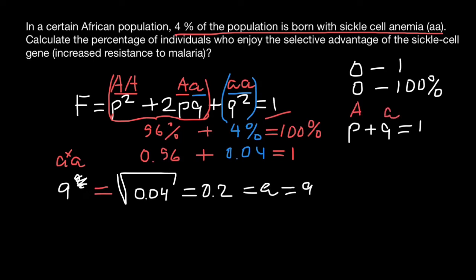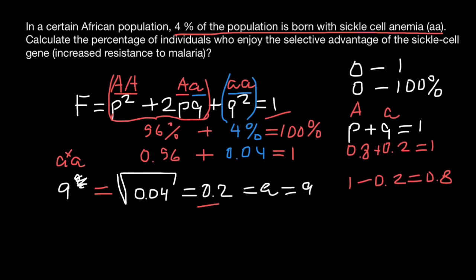And we have found the frequency of the recessive allele a, which is 0.2. And now we can find the frequency of the dominant allele A, or P. So 1 minus 0.2 is going to be 0.8. So 0.8 we put here. This is the frequency of the dominant allele P.